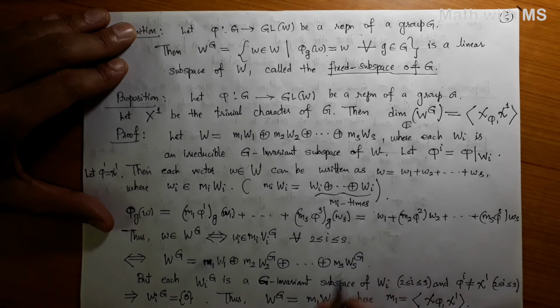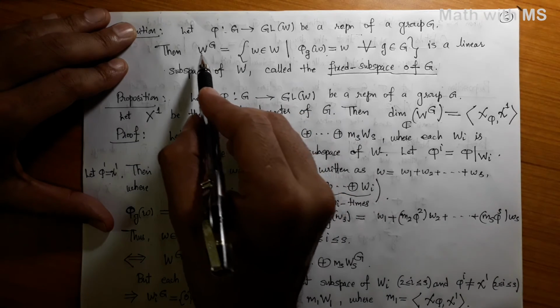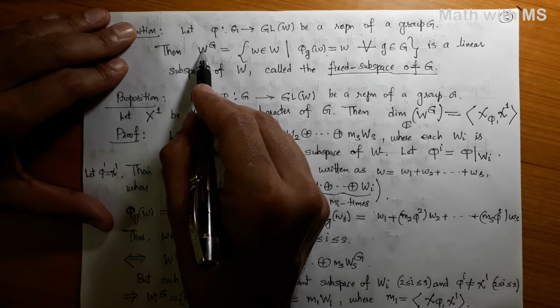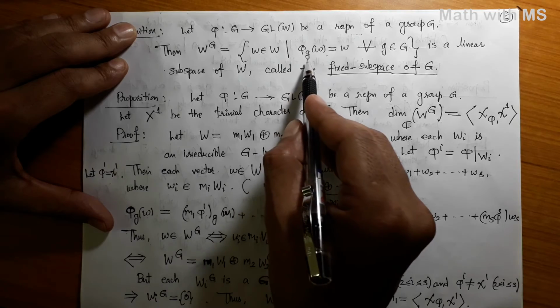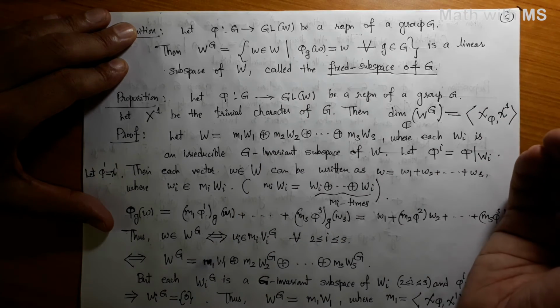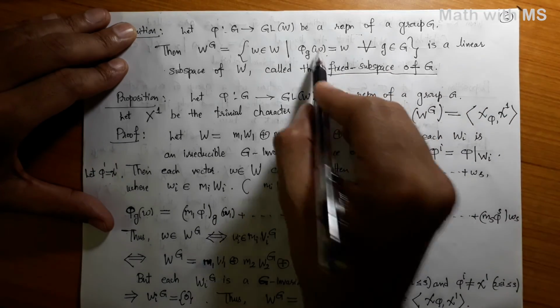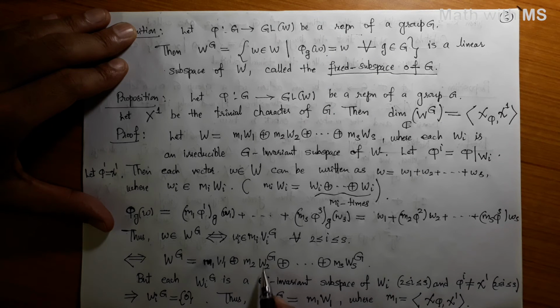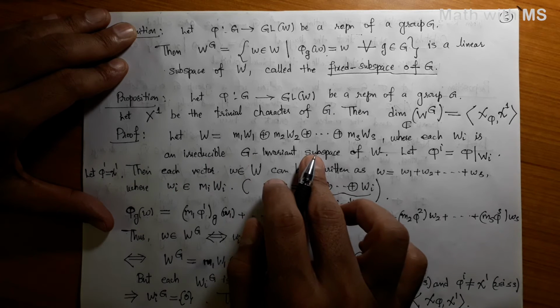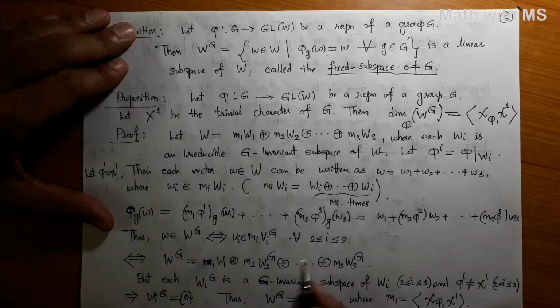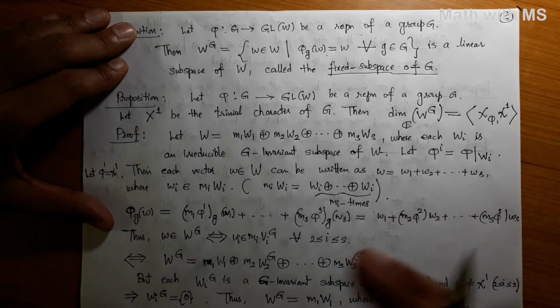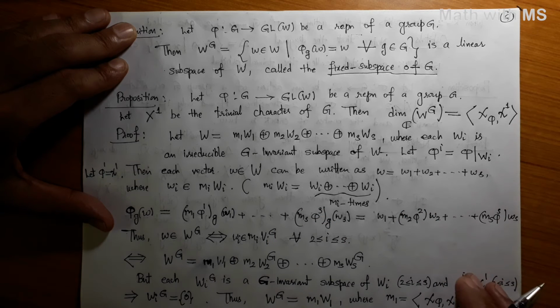But now we know that the fixed subspace for any representation is a g invariant subspace, just by definition. So each of these wi to the power g is a g invariant subspace of wi, but we know they are irreducible. Therefore these g invariant subspaces have to be either trivial or the whole of wi.